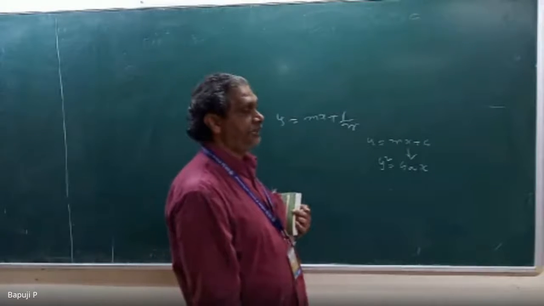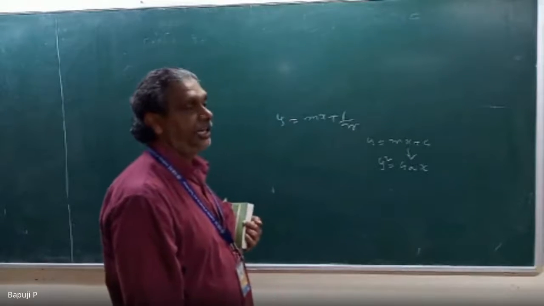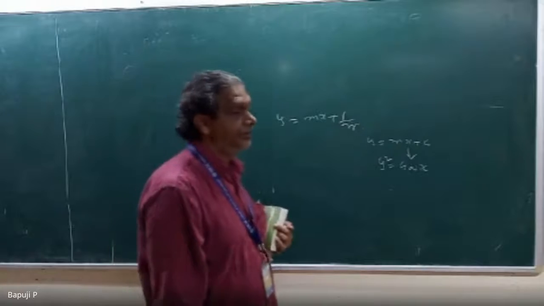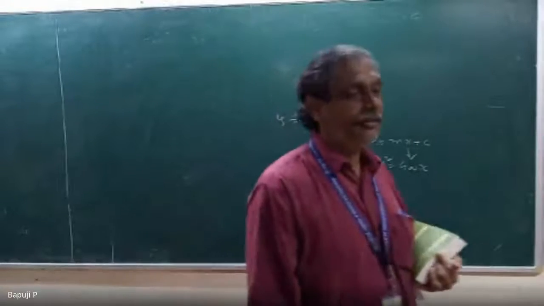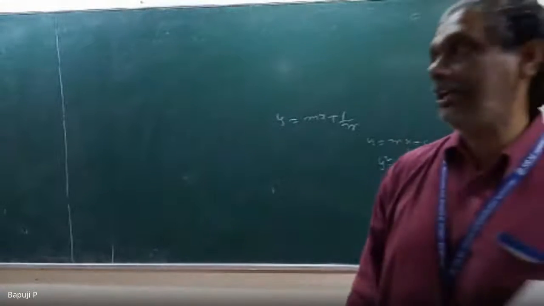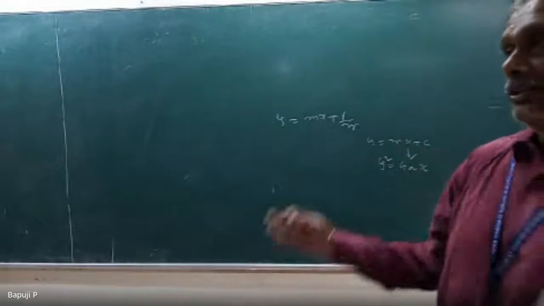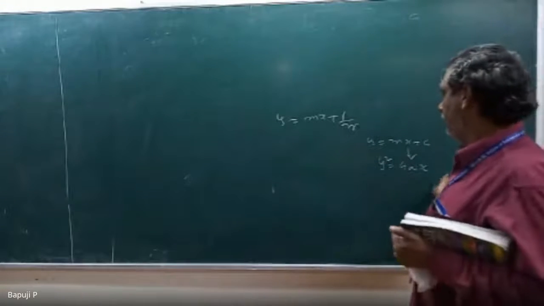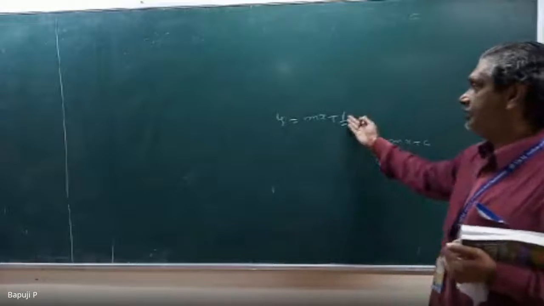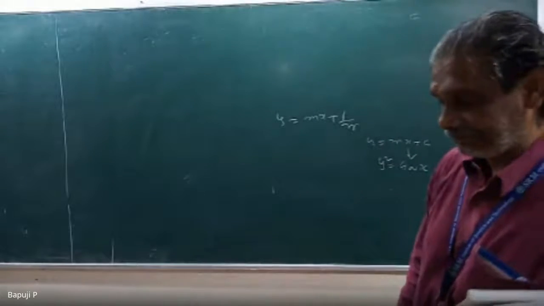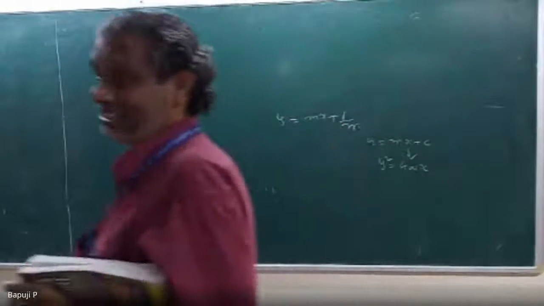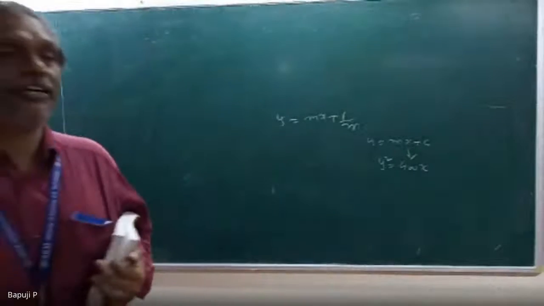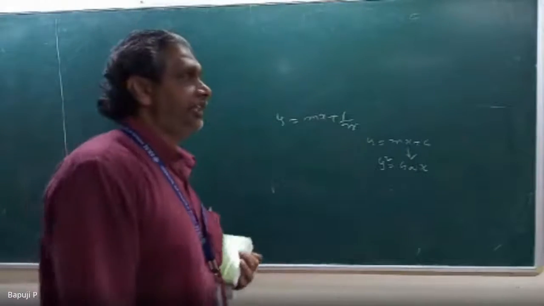C is equal to a by m, correct? When c is equal to a by m, this straight line becomes a tangent to the parabola. Now here what is my a? It is 1. So my equation is y square is equal to 4x.